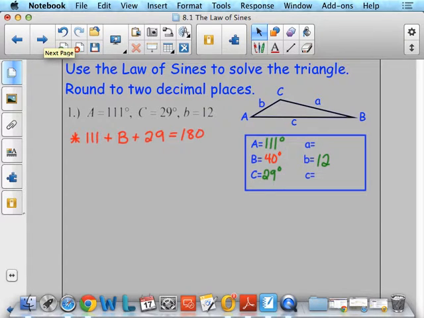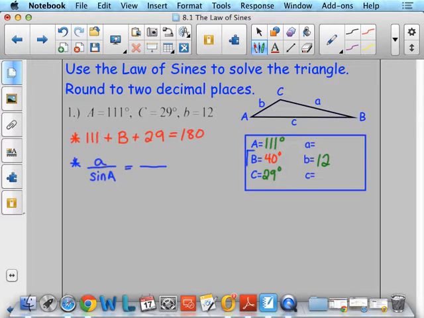Okay, now I can either solve for side a or side c. So I'm just going to start with side a. So the part of the law of sines formula that deals with a is a over sine of A. Okay, and then we're going to set that equal to one other fraction. The only other variable that we know both the side and the angle is b.